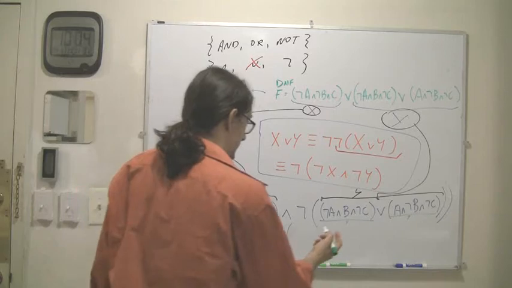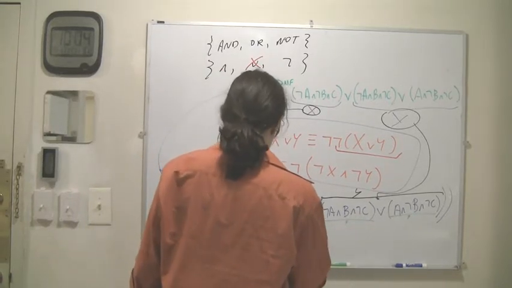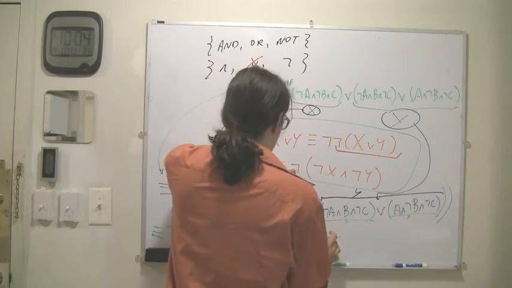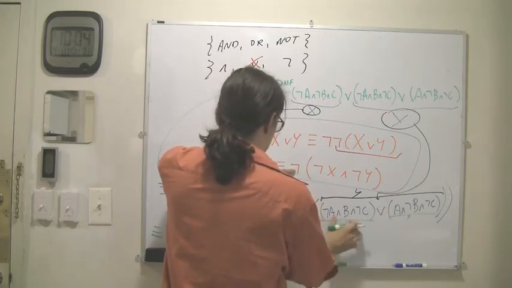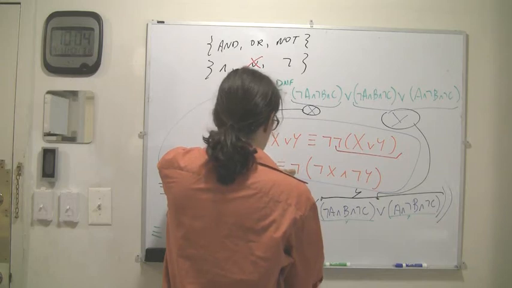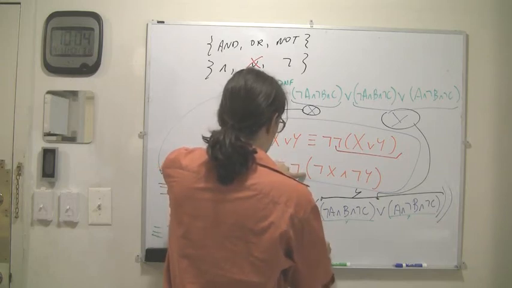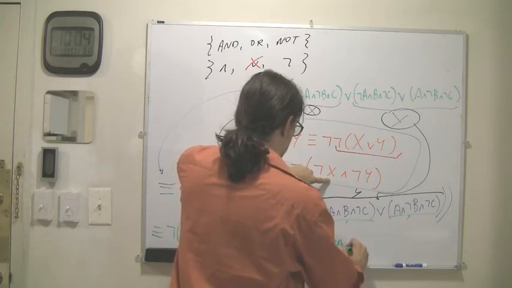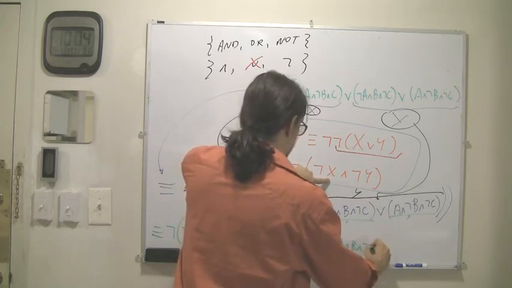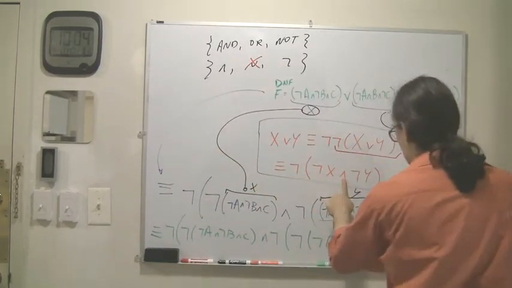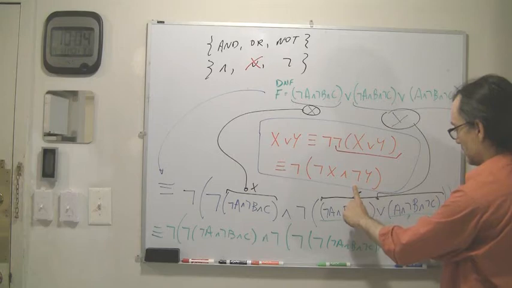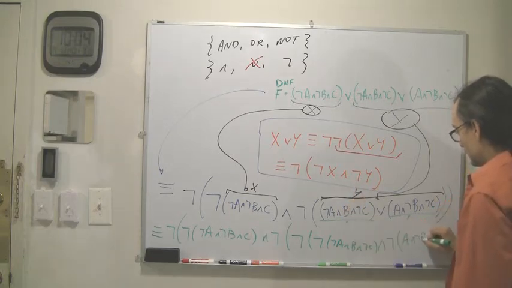So this is my x, this is my y now for this instance. So if I want to rewrite this, well, I'm going to use the formula again, and the formula is saying that this is equal to not x. What is x? Not a and b and not c. And not y. What is y? Y is this. A and not b and not c.